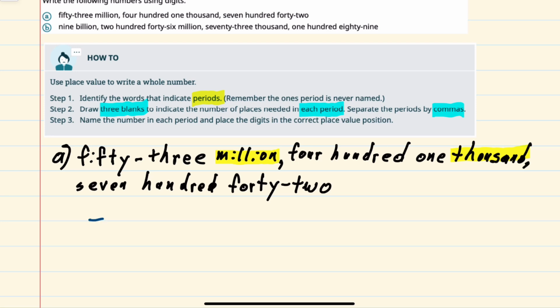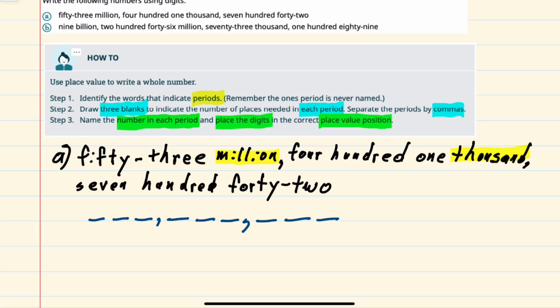So for million, I'll draw 3 places, add a comma, 3 places for thousands, add a comma, and 3 more places for the ones. And then for step 3, to name the number in each period and place the digits in the correct place value position.